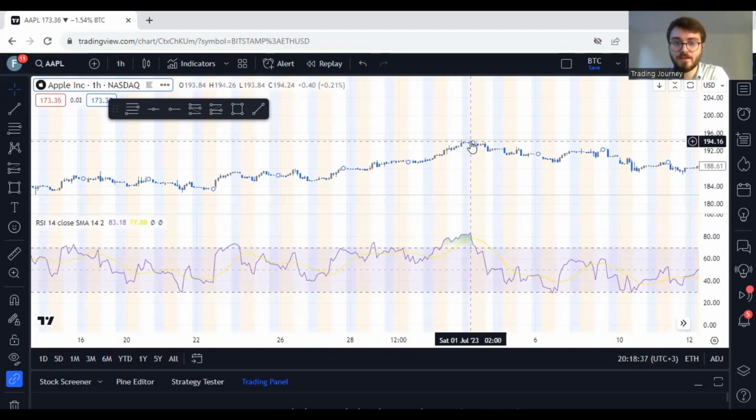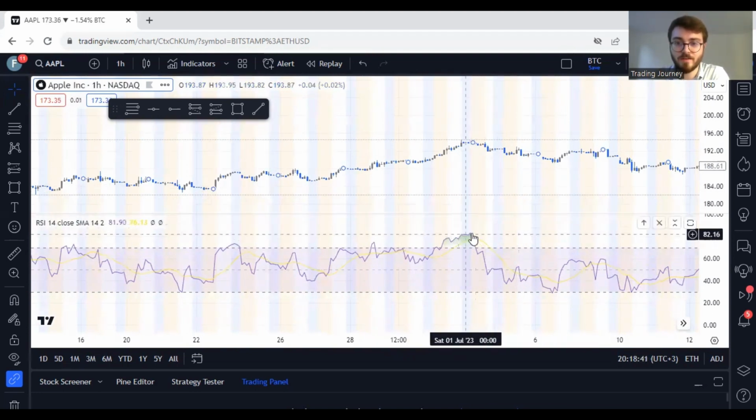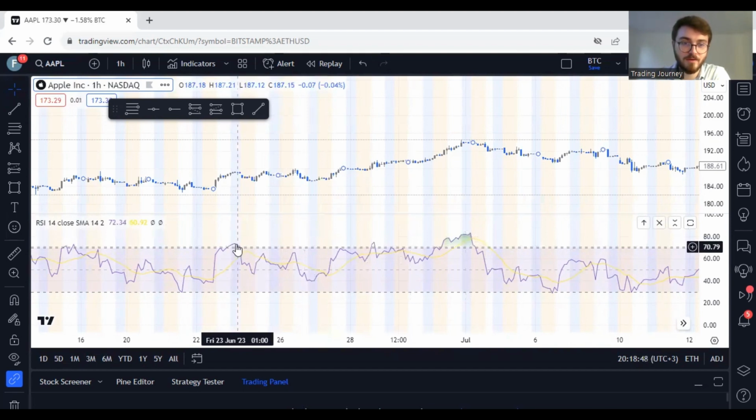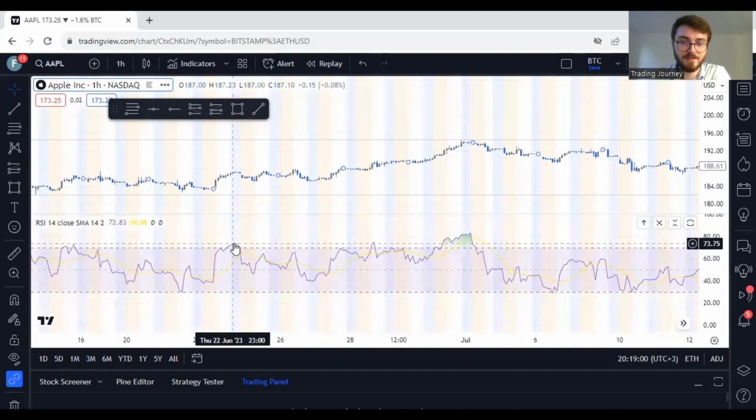Now, that being said, it's not enough to just see the RSI being in that zone, and you have to be very cautious of this because a lot of the times the markets stay irrational, and as the great Warren Buffett said, the markets can stay irrational much longer than you can stay solvent. So that means that you shouldn't just bet against the market because it's overbought.